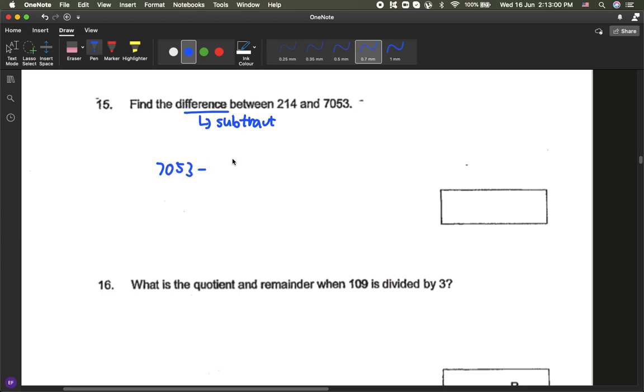So let's do our working. 7053 minus 214. Okay, this becomes 13. 13 minus 4 is 9. This becomes 4. 4 minus 1 is 3. And this becomes 10. So 10 minus 2 is 8. And this becomes 6. So 6 minus 0 is 6. So the answer is 6839.